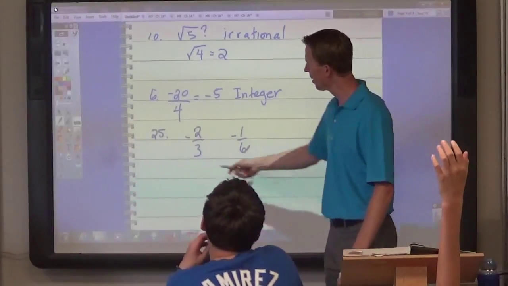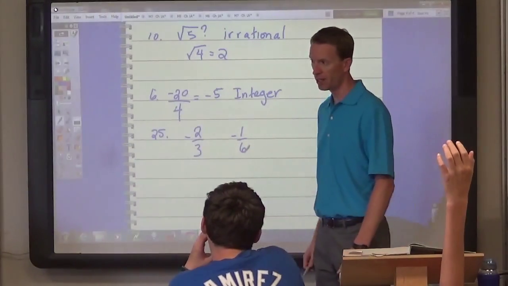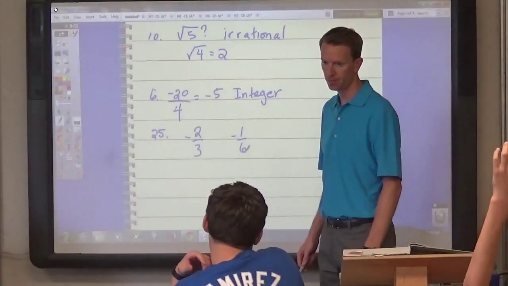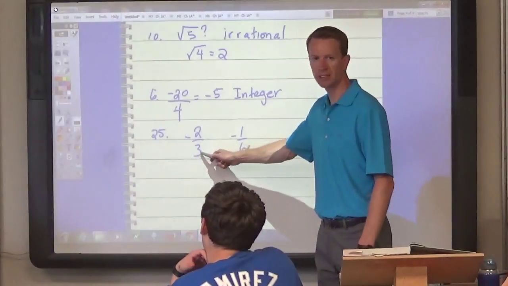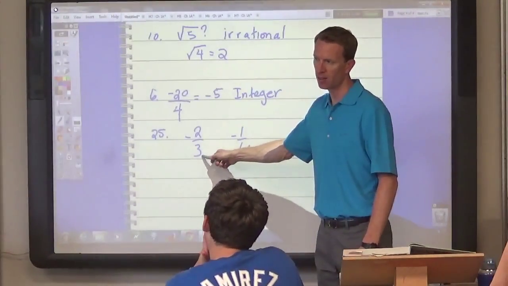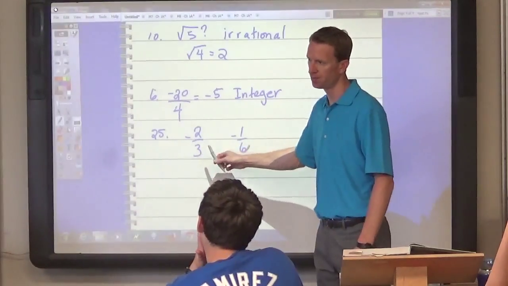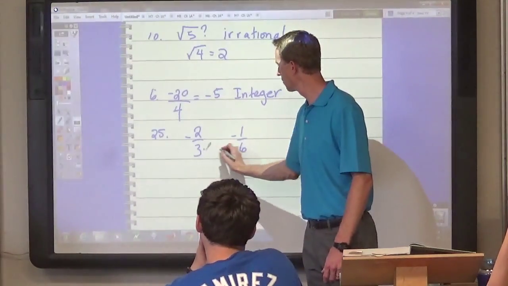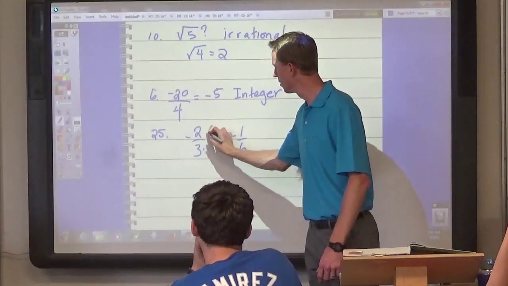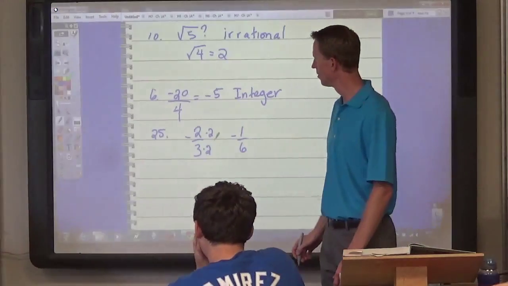Now, when you're comparing fractions, you should look at the denominator, right? Can we change this one to sixths? How many sixths is it? 4. You'd have to multiply it by 2.